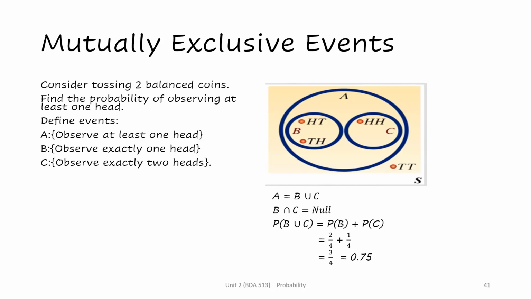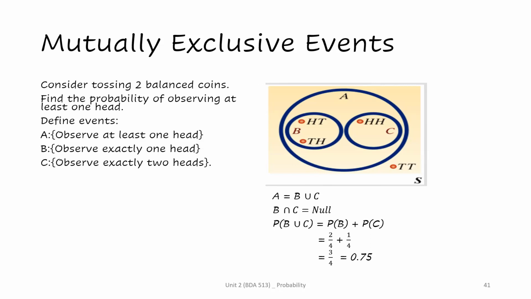Event A: observe at least one head, so we have head-tail, tail-head, head-head. B: observe exactly one head, that will be head-tail, tail-head. And then C: observe exactly two heads, that will be head-head.